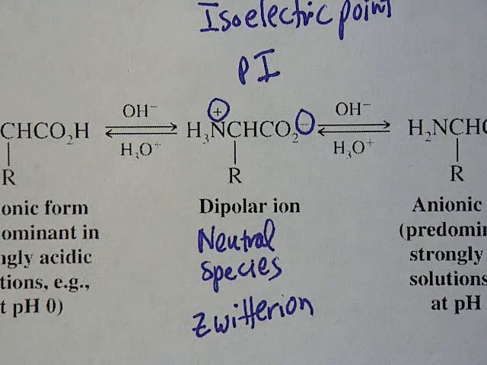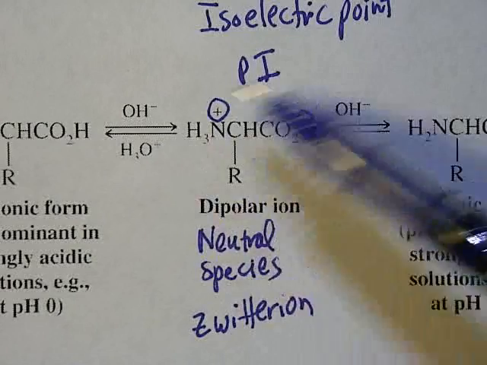So to continue with this zwitterion, the pI, the isoelectric point, is at some pH, which varies from amino acid to amino acid, at which the concentration of this form is at maximum.